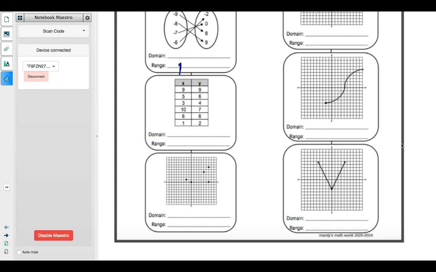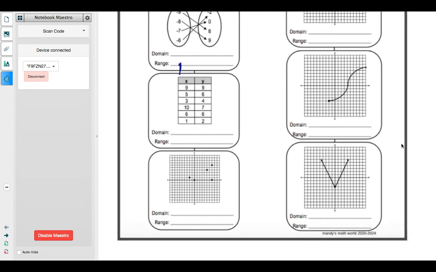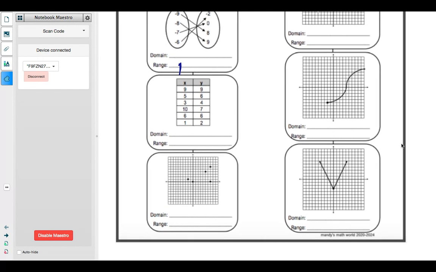All right, so here I have, and I know it's hard to see, but these are actually arrows. So if you can't see them on your graph, please fill those in, because it's really important anytime you see an arrow that you know what to do. Okay, so we're going to do domain first. I'm going to use yellow to highlight it.